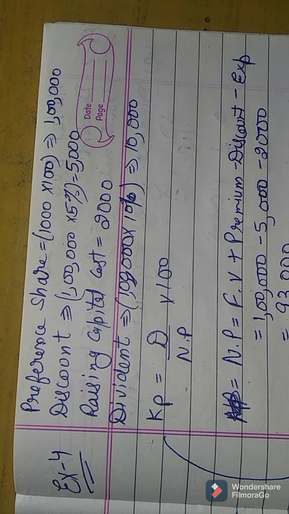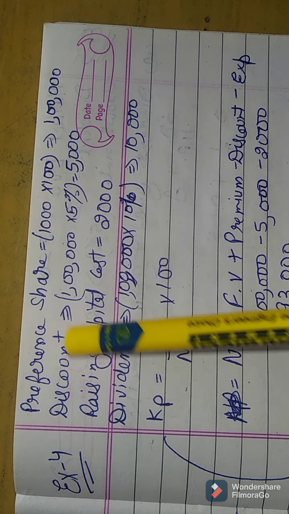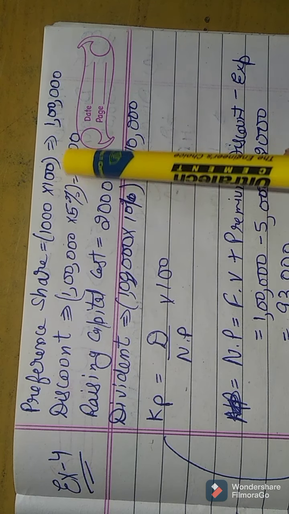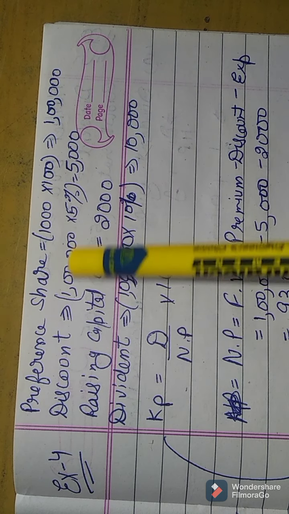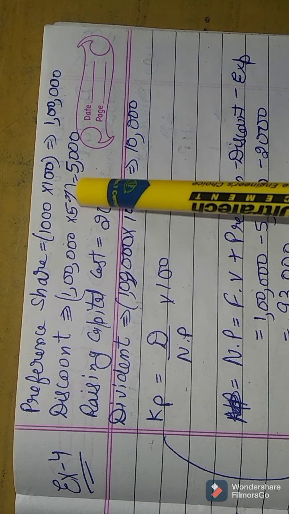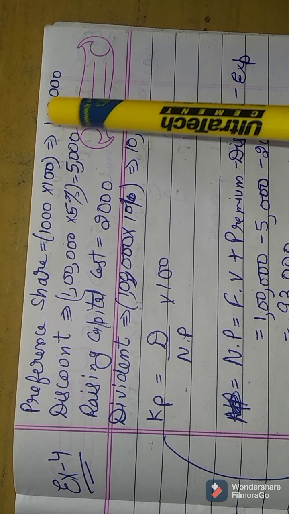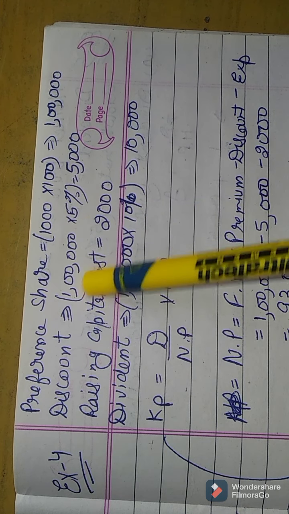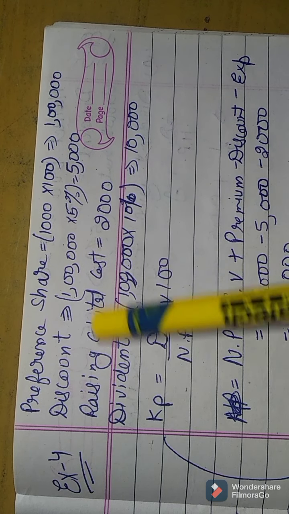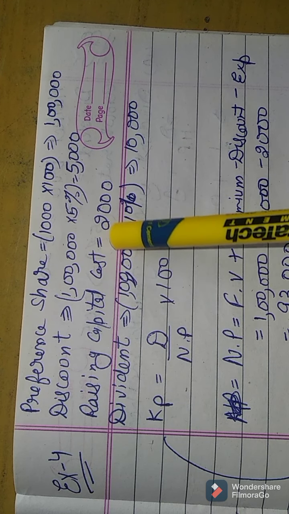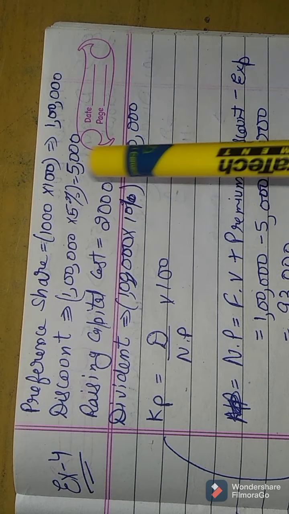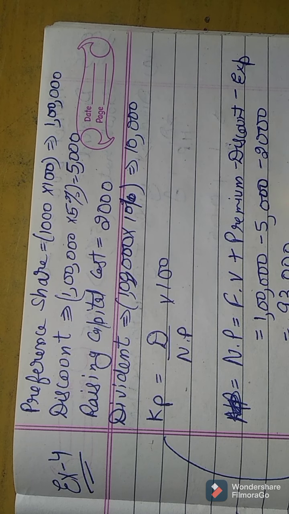Information given: preference share is equal to 1000 into 100, 1 lakh. Discount is 5% calculated on preference share. It means 5% on 1 lakh, then we get 5,000. Raising capital cost is 2,000. It is an expense.